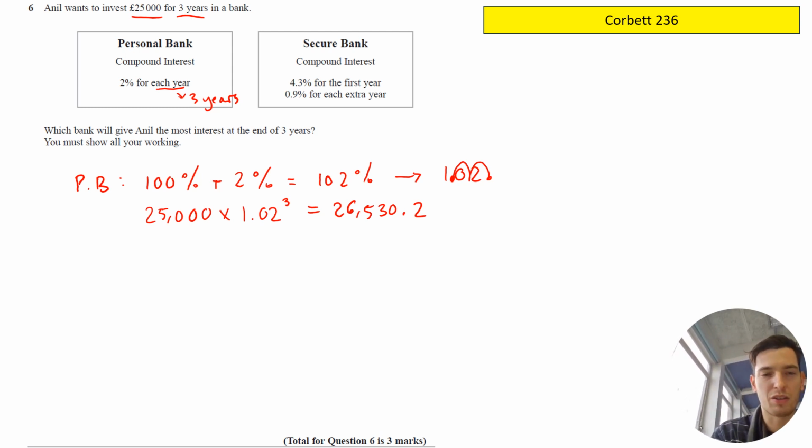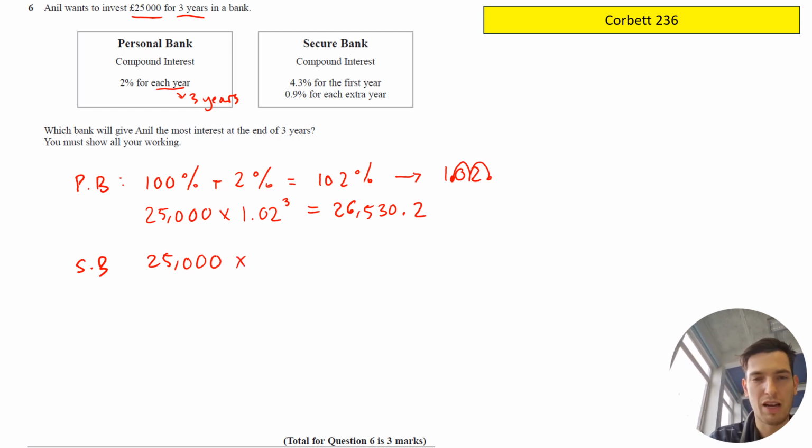Now, what about Secure Bank, SB? So again, start off with the 25,000. This time, it's 1 year of 4.3%. So 1.04 would be 4%. So 4.3% is just going to be 1.043.